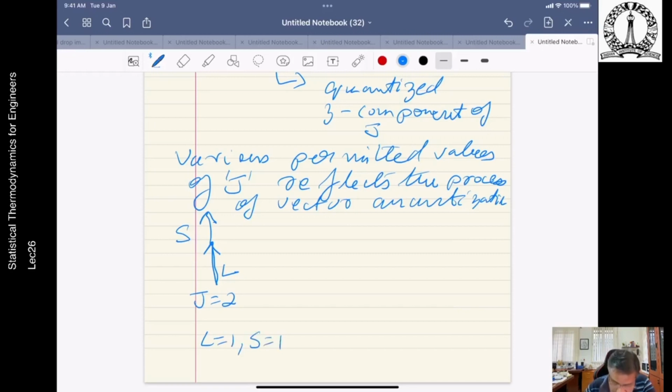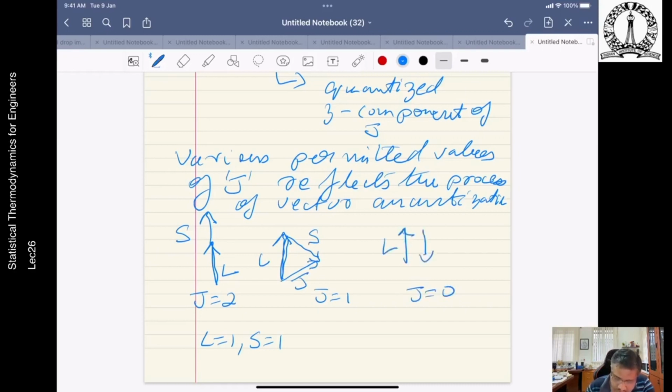Then J equal to 1, where L is like this and S will be like that. This is J. Then J equal to 0.